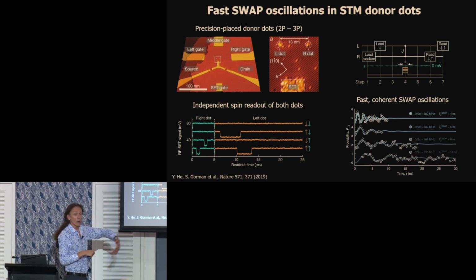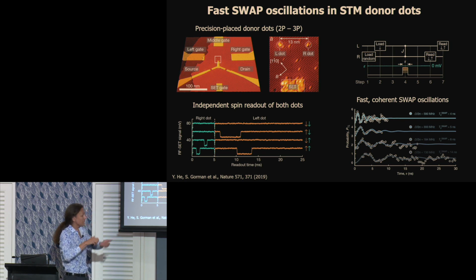So there was a lot of work, of course, finding the perfect position for these two dots to have the right value of the exchange interaction in the right range. The exchange interaction was tunable with gates. One important part of the experiment was the independent readout of both spins, so they could read the spin of the left dot and the right dot.